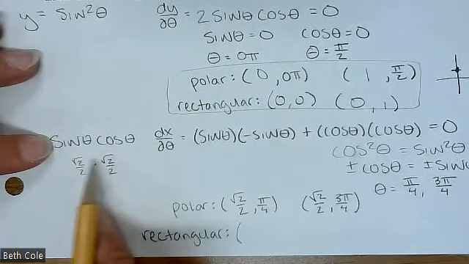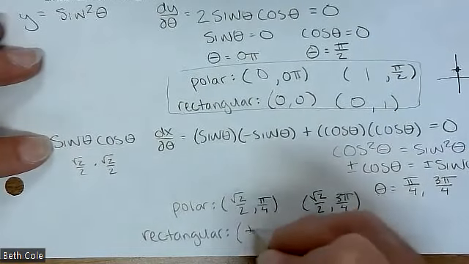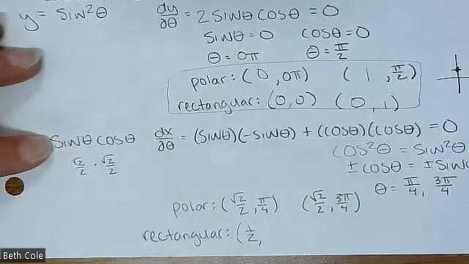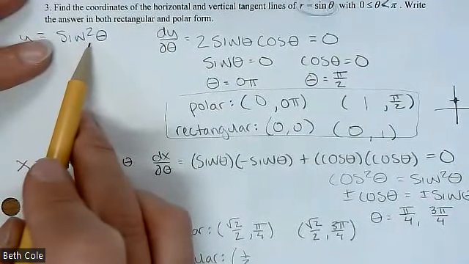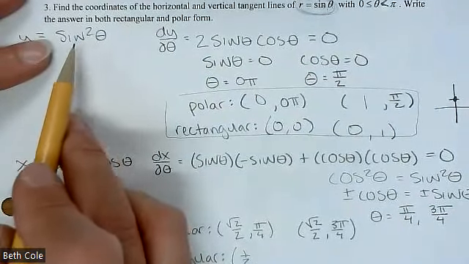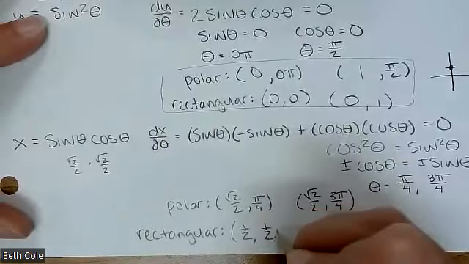The numerators will give you 2, right? And then denominators are 4. So 2 over 4 would be a half. And if you plug pi over 4 in up here for y, isn't it going to be the same thing? The square root of 2 over 2 squared, which would be a half. So a half comma a half.